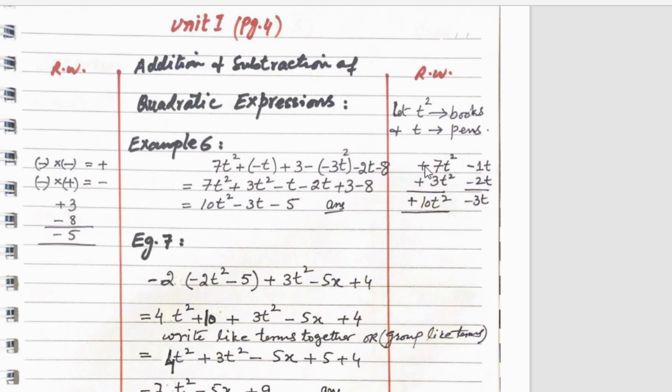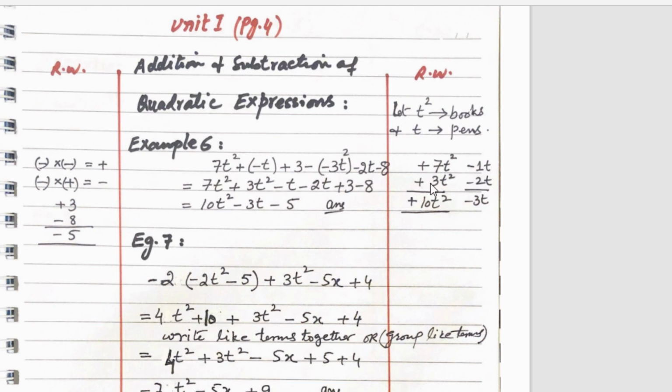Terms having the same signs, either both plus or both negative, we will add up the terms. I have told you before, in addition and subtraction, students should focus on signs.